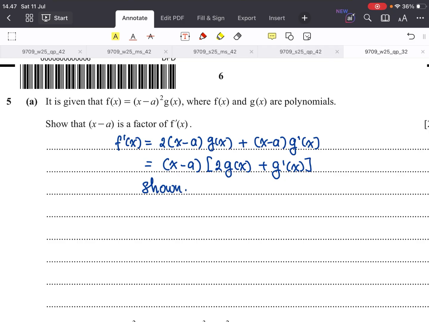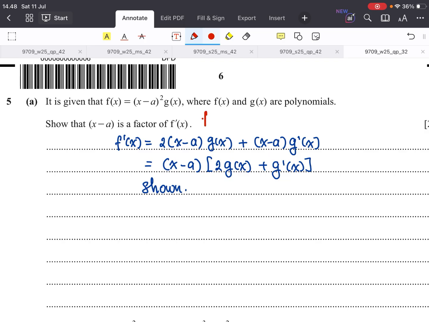Question 5. A. It is given that f(x) equals (x minus a) squared times g(x), where f(x) and g(x) are polynomials. Show that x minus a is a factor of f prime x. F prime x is the first derivative of f(x). And then to find the differentiation of this expression, we can use the product rule.